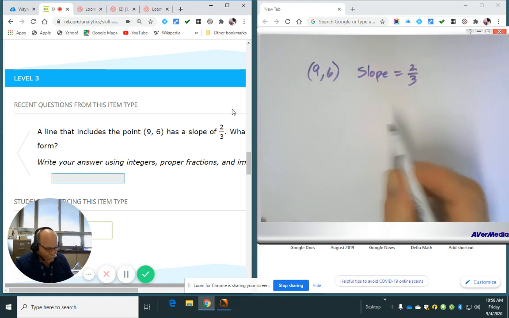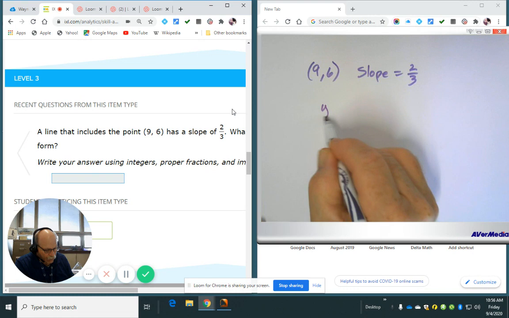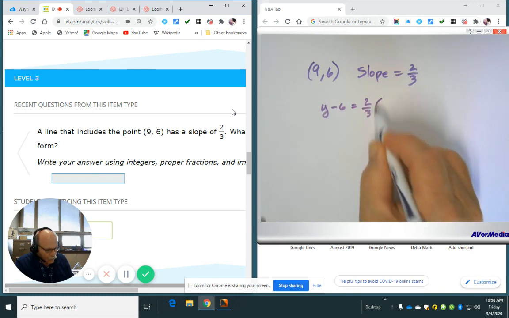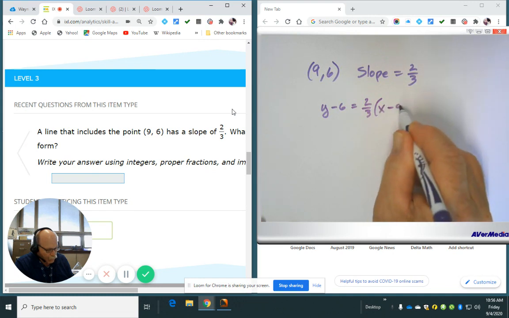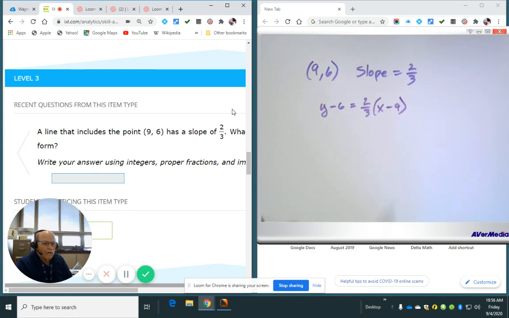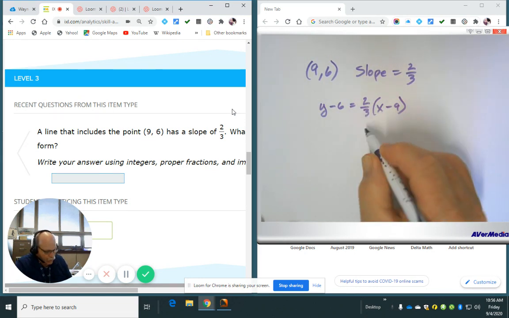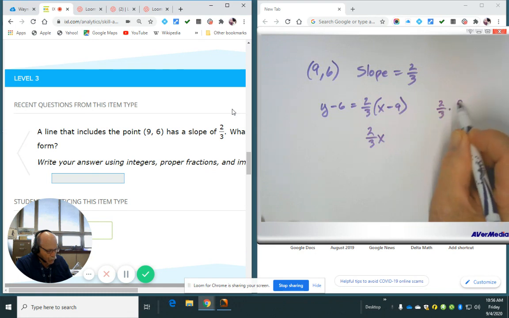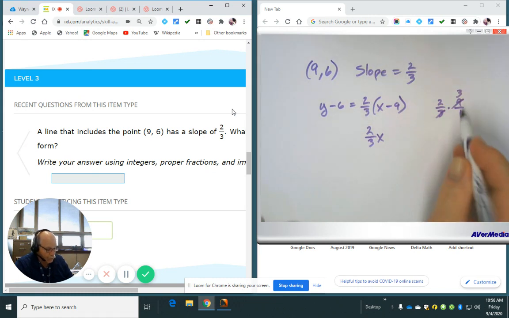So this is no different. We're going to do y minus 6 equals m, which is 2/3, times x minus 9. In this case, we do have some work to do: 2/3 x, and then 2/3 times 9. 3 goes into 9 3 times, so it's 3 times 2, that's 6.